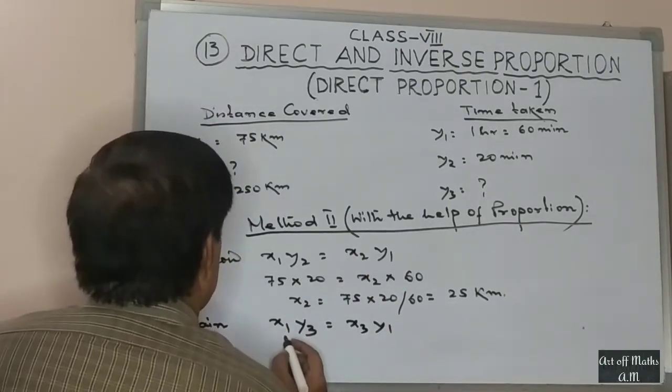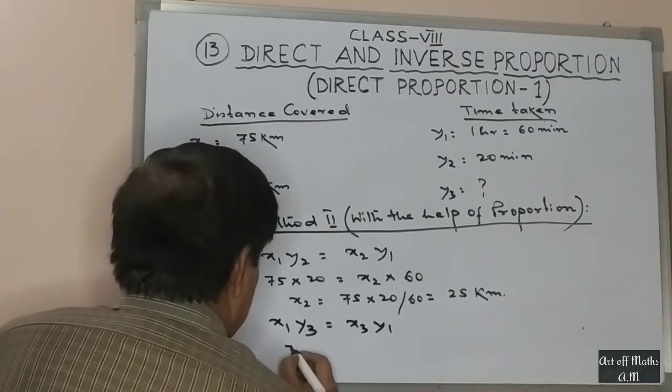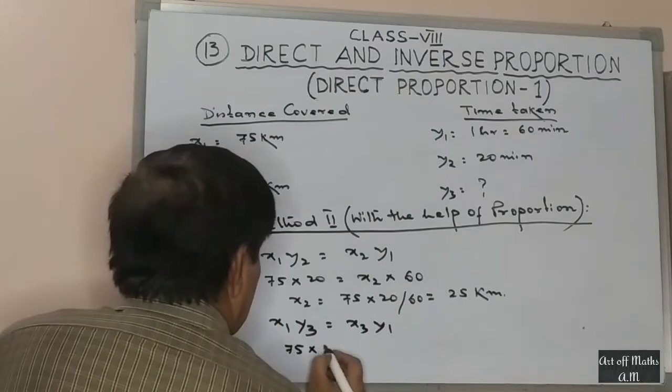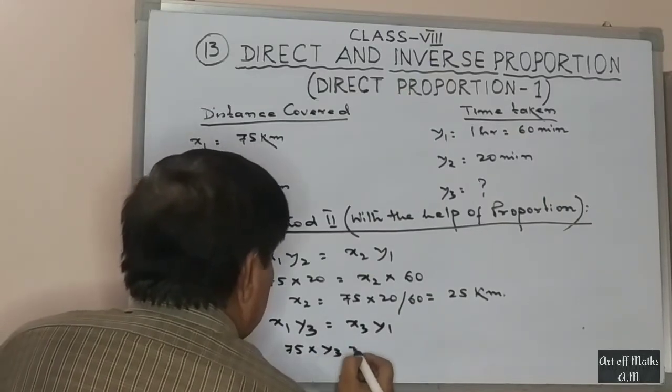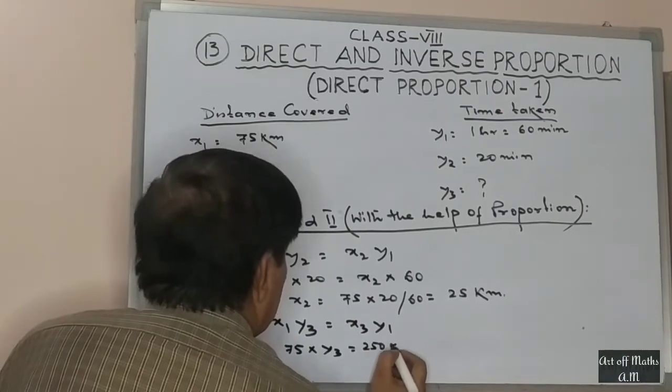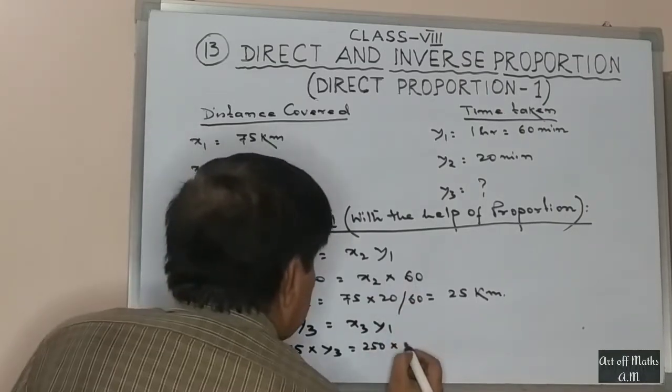Now here x1 is 75 into y3 unknown, x3 250 into y1 60.